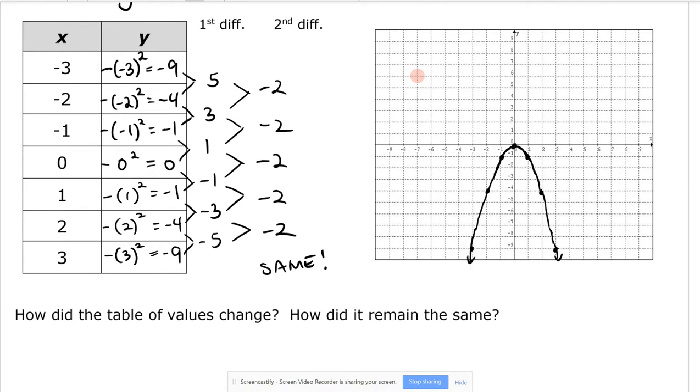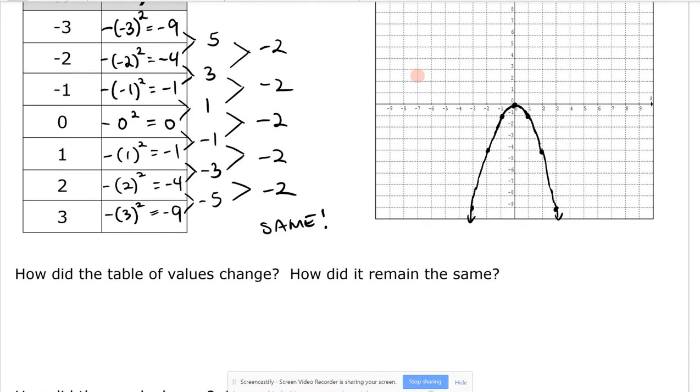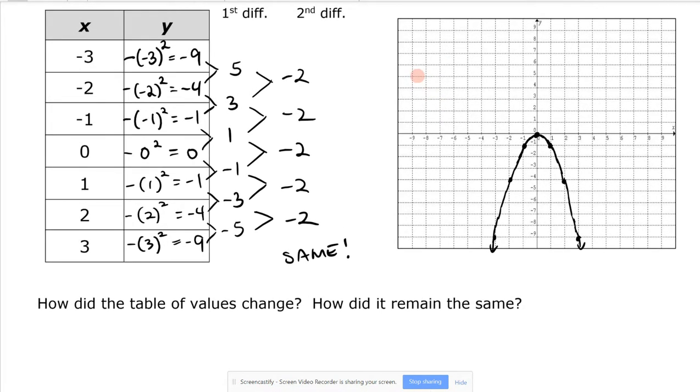All right, there you go. So there's our parabola. It's now upside down. So how did the table of values change to reflect that? Well, if you look, all the numbers become negative, but the values themselves remain the same. So 9, 4, 1, 0, 1, 4. Those numbers are still the same, but they just became negative.